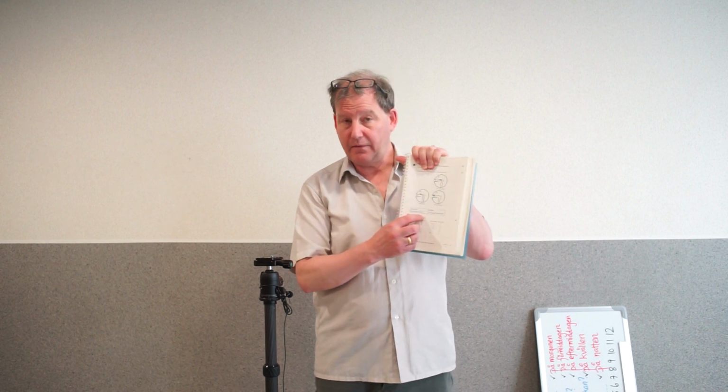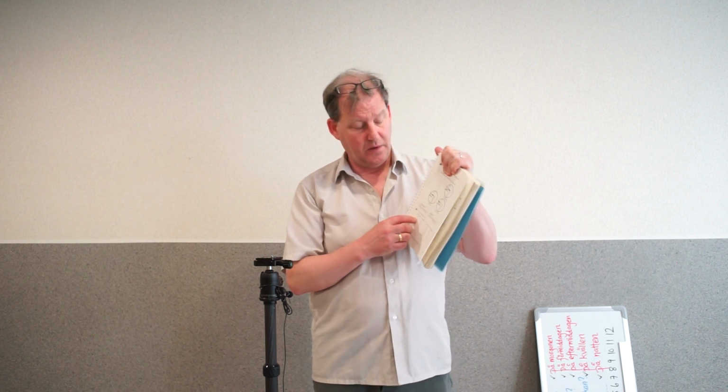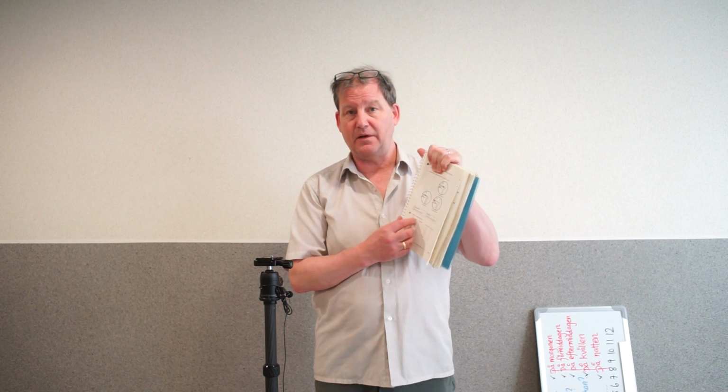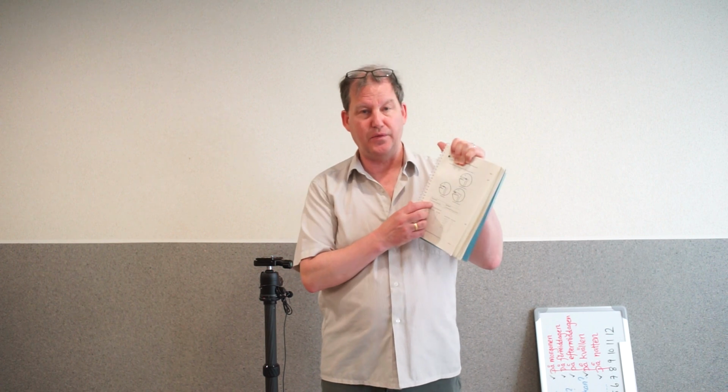Tjugo. And here you have examples of words which involve either tjugo-ljudet or sju-ljudet. Let me read those words for you. Tjugo-ljudet. Tjugo. Tjej. Tjena. Kemist. Kina.